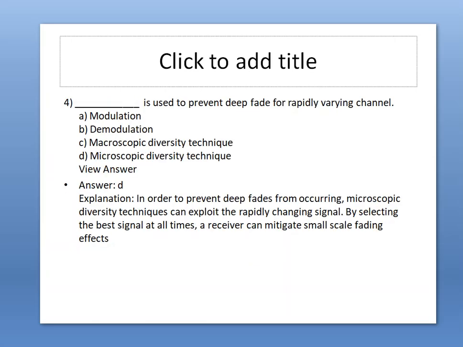Now coming to bit number 4. Dash is used to prevent deep fades for a rapidly varying channel. Option A, modulation. Option B, demodulation. Option C, microscopic diversity techniques. And option D, macroscopic diversity techniques. The answer is microscopic diversity technique. Why? What is the reason?